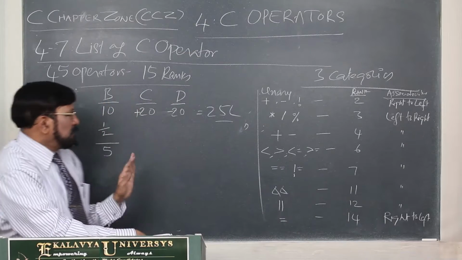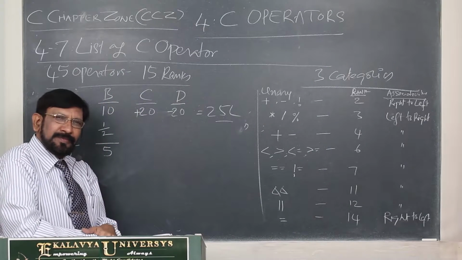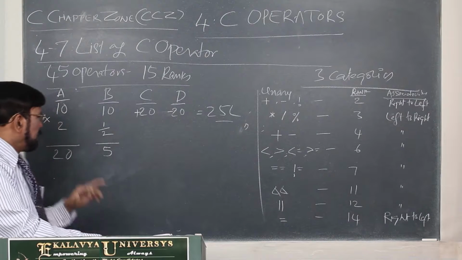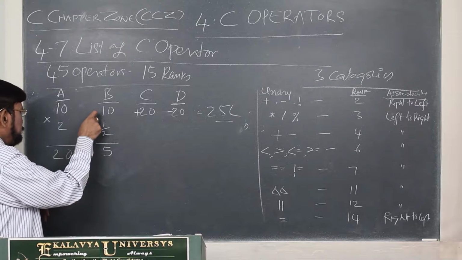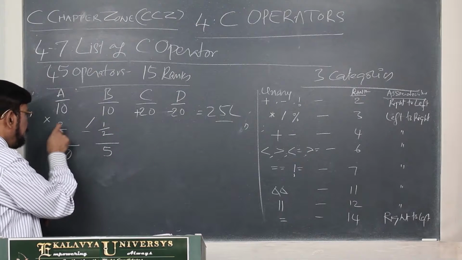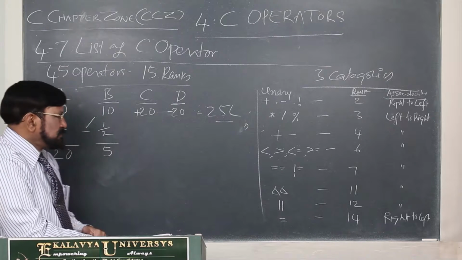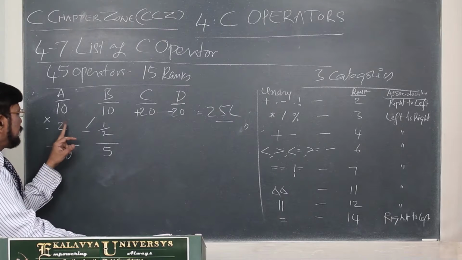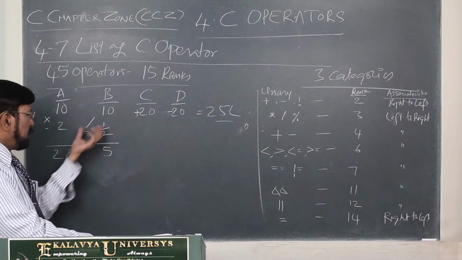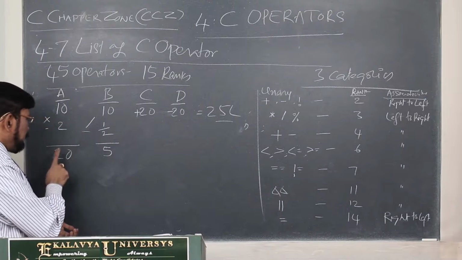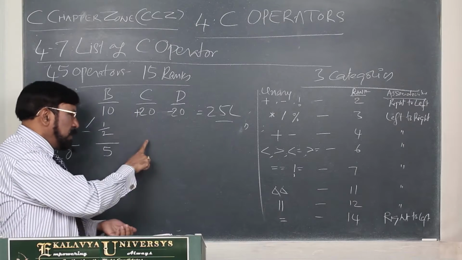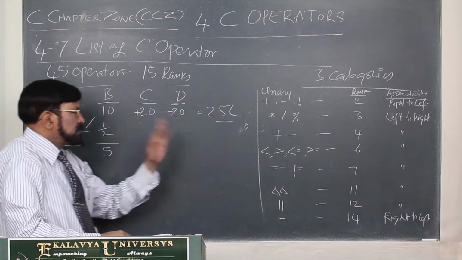Okay. Now, if you take this transaction, how you evaluated first? You evaluated multiplication and division first. Thereafter, you performed plus operation. Plus of 20 plus 5 plus 20, 45 minus 20.